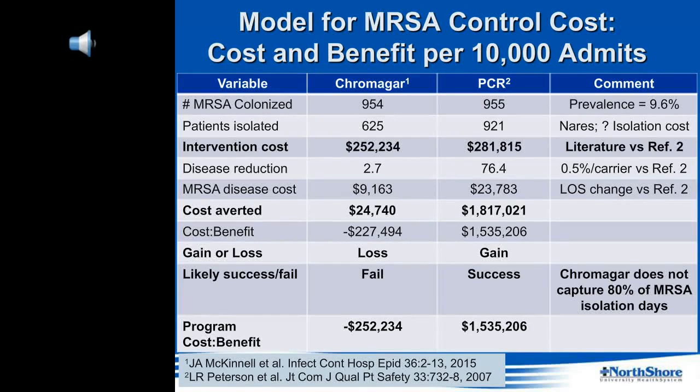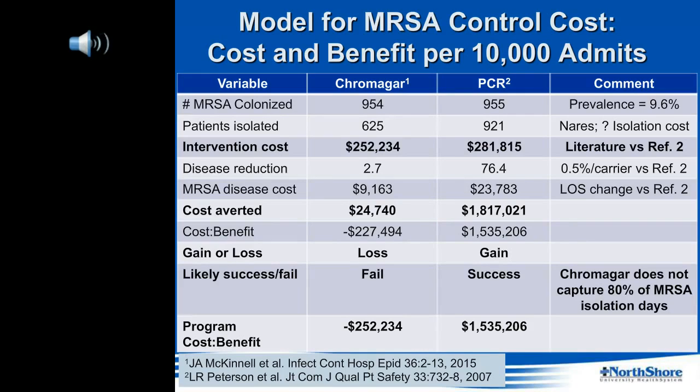When you plug these numbers into the formula used in this paper, our numbers are now what's in the PCR column. You can see the intervention costs are about the same, but the costs averted are considerably different when you have a conservative model of what MRSA expense is to healthcare.